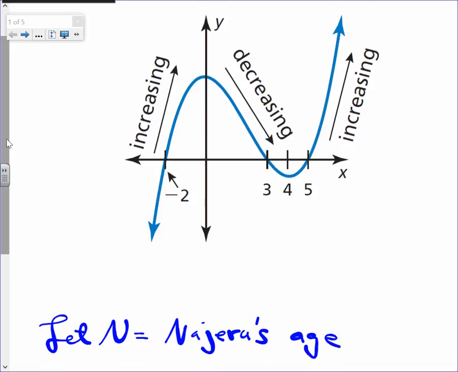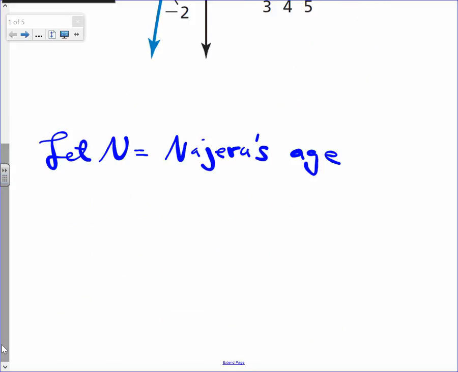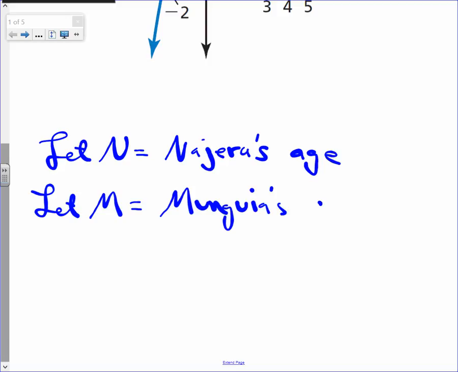Before I show you how to describe what's increasing versus decreasing, I have to describe how to write inequalities. For instance, let n equal Miss Naheda's age. Let m equal Mungia's age. So Naheda versus Mungia.